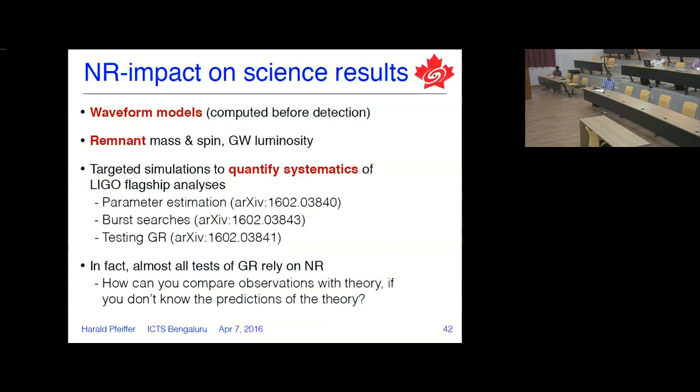In fact, almost all tests of general relativity rely on numerical relativity because if you want to compare observations with the prediction of a theory, you need to know the predictions of that theory. And for the strong field nonlinear regime in general relativity, this can only be done with numerical simulations.